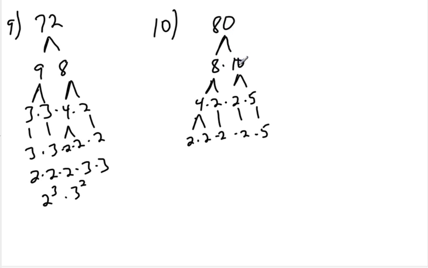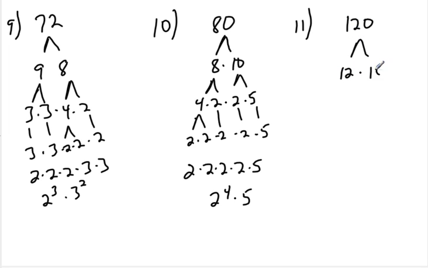So 8 times 10 is 80, 4 times 5 is 20, times 2 is 40, times 2 is 80. So just double check that you haven't made some calculation mistakes. And I do it when I get to the end as well. 10, 20, 40, 80. So we can write it, it's already in order, but we can also write it like this if we want.